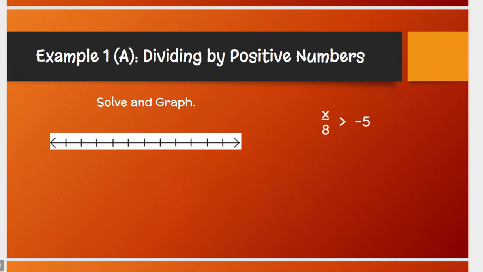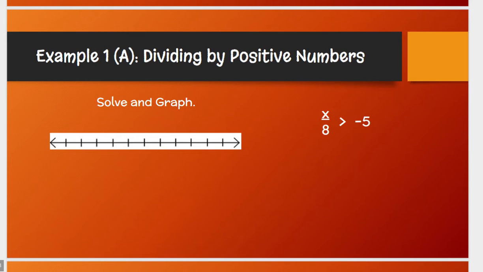So for example 1a, we have dividing by a positive number. If you take a look at x, you'll notice that x is being divided by a positive 8. So if we are going to be isolating that variable of x, we're going to want to think about what we want to do to get x all by itself. In this case, it's being divided by 8.